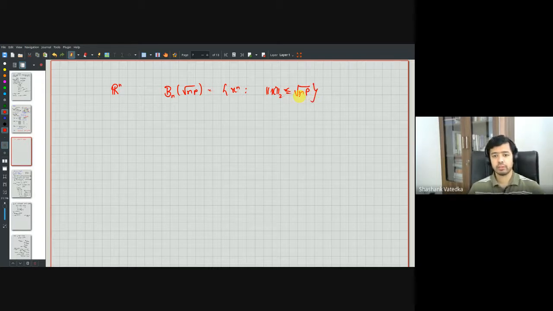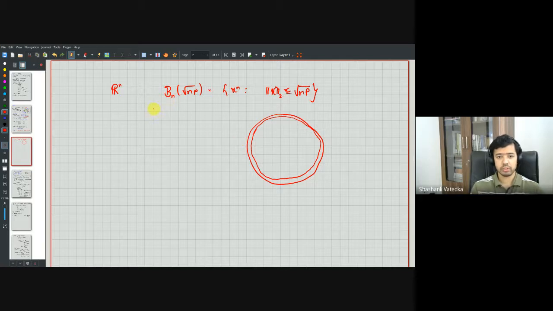So in fact, this is going to be some ball. You look at where most of the volume of the ball is concentrated. You will see that most of the volume of the ball is in fact concentrated near the surface of the ball.